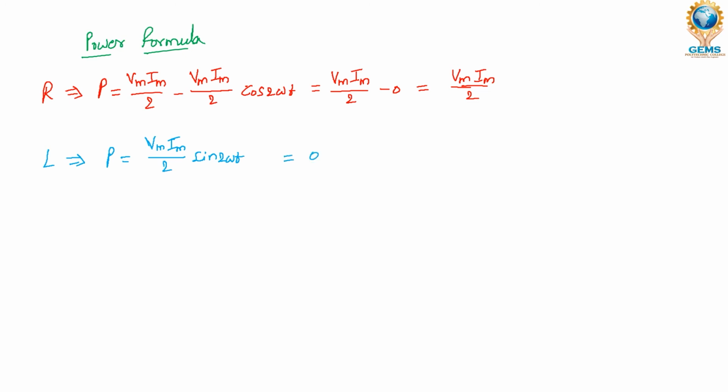In case of capacitor, just now we discussed, the power formula is Vm Im by 2 sin 2 omega t. This is also 0. Only in resistor we can have some power. In inductor and capacitor we will get 0 power.